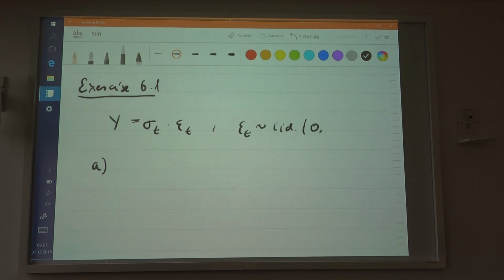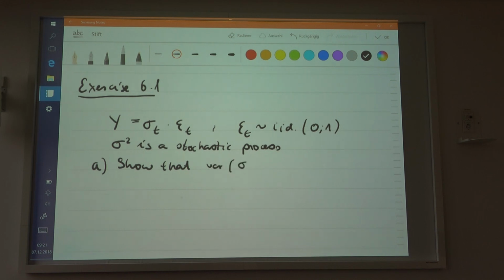The noise does not need to be normal, but here you have that sigma squared is a stochastic process. And here in part A, you need to show that the variance of the process is equal to the expectation of sigma squared. That's going to be the first one.